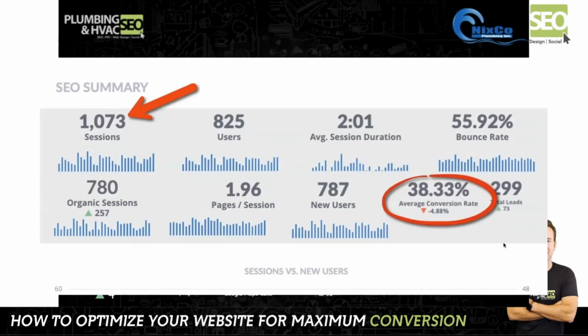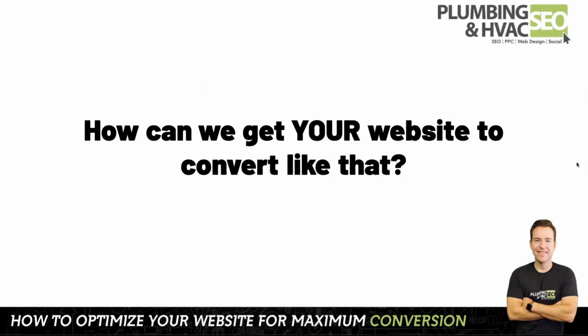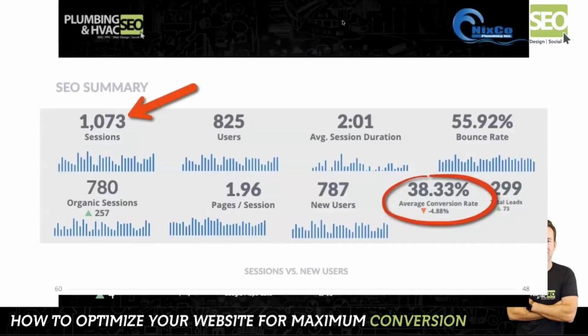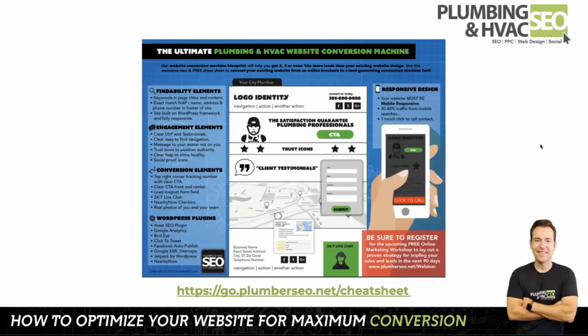Actually, that's not leads. Looking at the previous screen there, you can see a 38% conversion rate from visitor to lead. And so hopefully this is helpful in kind of seeing some of these examples. Now let's think about what you need to do within your website in order to maximize your conversion rates and how we can help make sure that your website converts at that level.